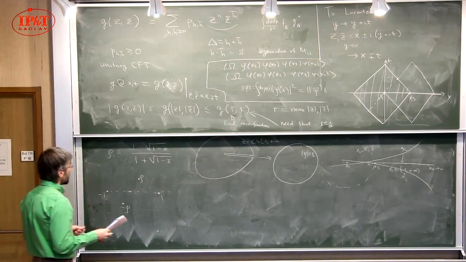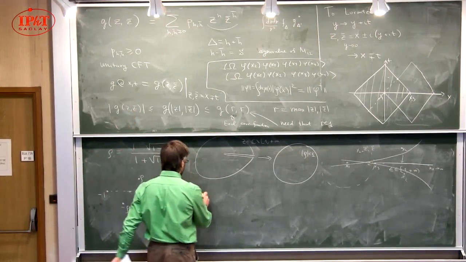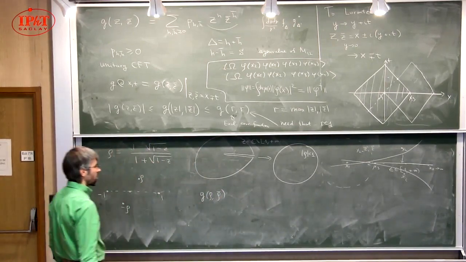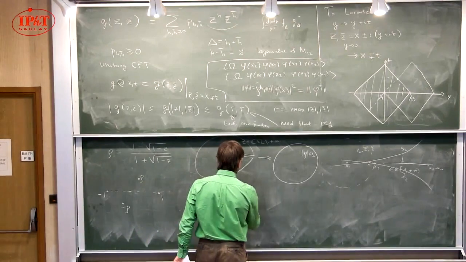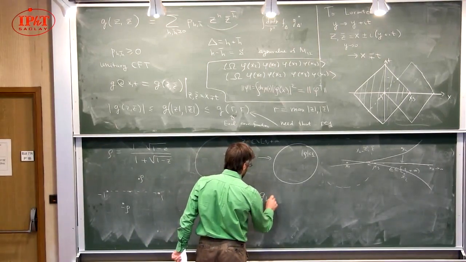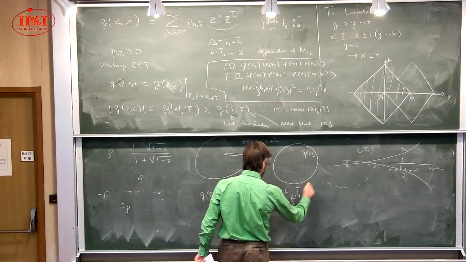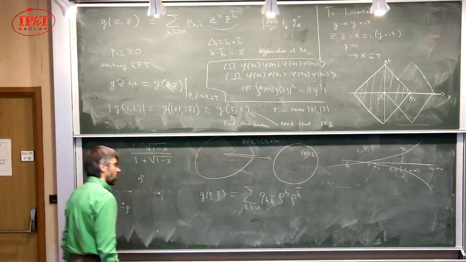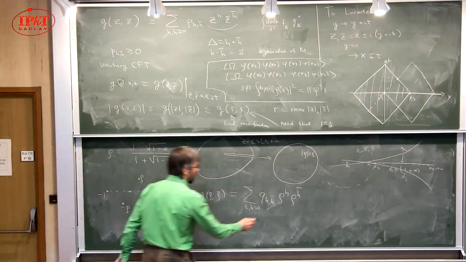And this coordinate rho shares with the coordinate z this property that if I now take the function, and instead of writing it as a power series in z and z bar, I transform it to rho and rho bar, it's going to have a power series expansion with some other coefficients, q, where q are going to be different coefficients, not the same as p, but again they're going to be positive. Rho to the h, rho bar to the h.